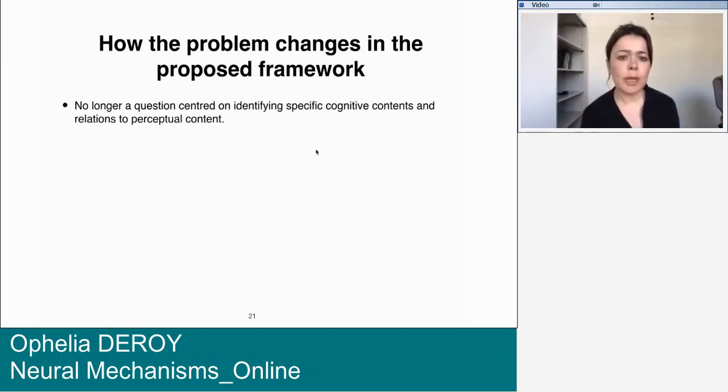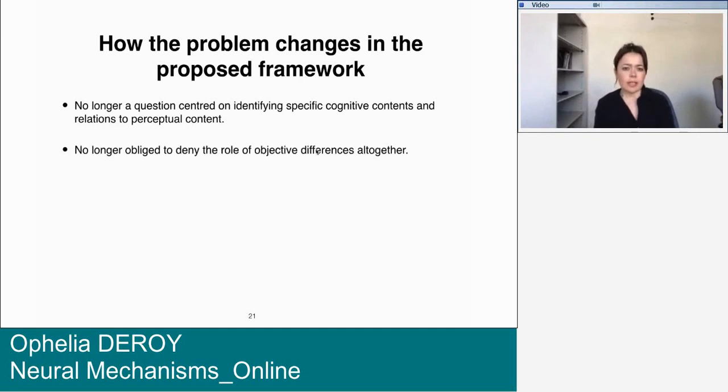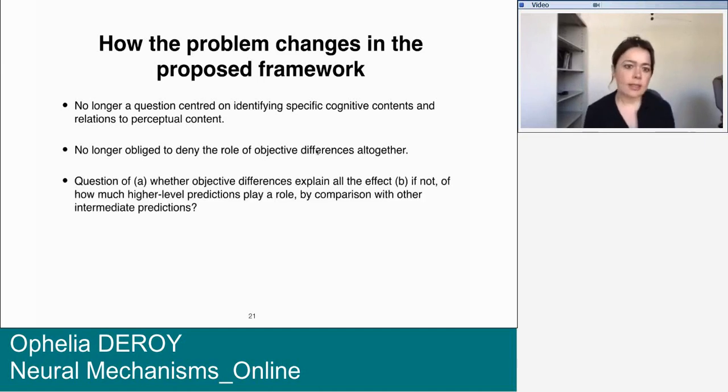But the main benefit here is, sorry, I'm lagging on my slides, that you could see whether the objective differences in the stimuli explain all the effects by comparison with the higher level prediction, by comparison with another level of prediction, which is much more proximate and much more immediately related to the early sensory levels.